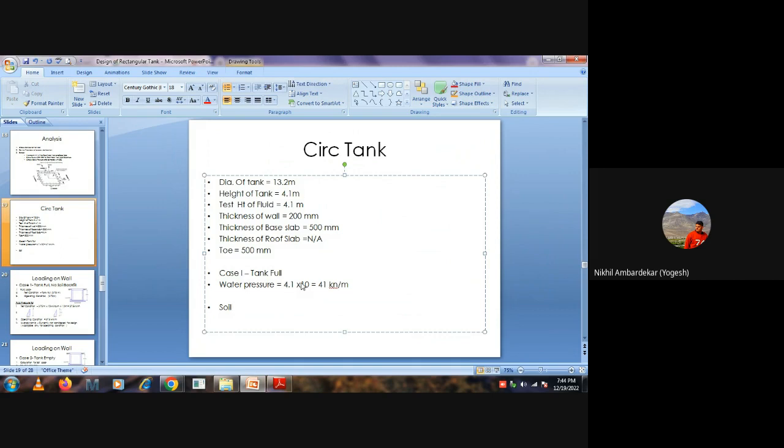Soil load. Same thing, assume 0.5. Soil will be filled up to the top of the tank. 0.5 into 4.1 into 20 soil density. This is also coming to 41? It's coming the same. Good. Surcharge, assuming 1 meter of soil.